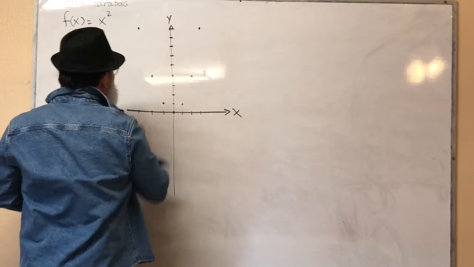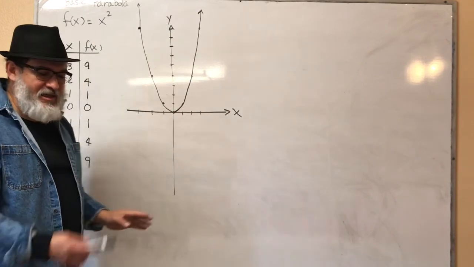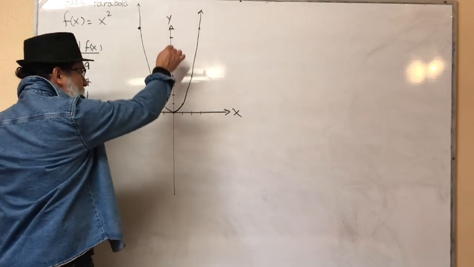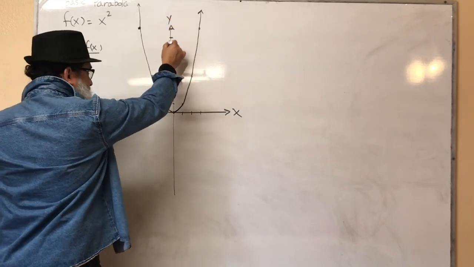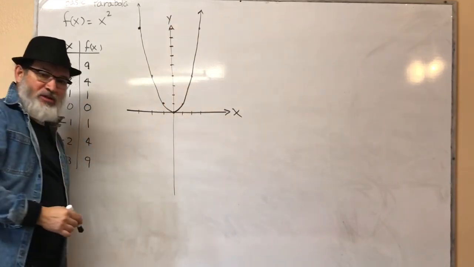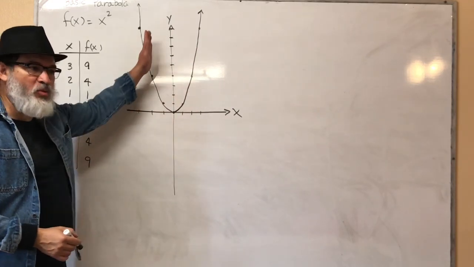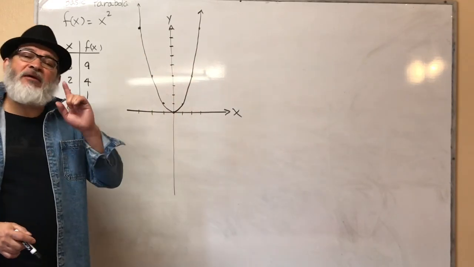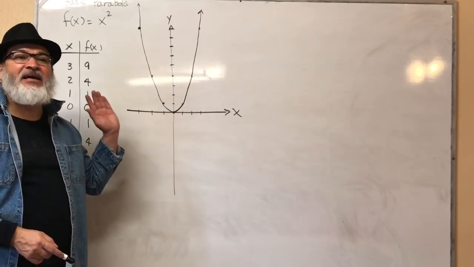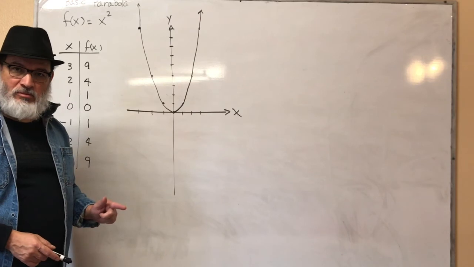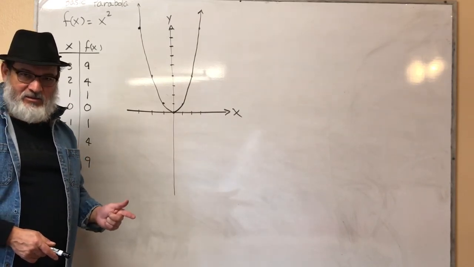Please note that this parabola, the y-axis is where you pass the blade. Take a blade and pass it through the y-axis. Note that you're cutting the parabola exactly in half, which is the y-axis. But what I meant to say is that the y-axis is x equals 0. X equals 0 is the y-axis.